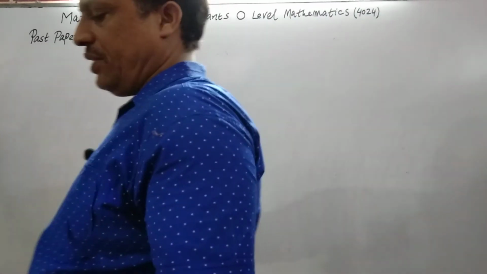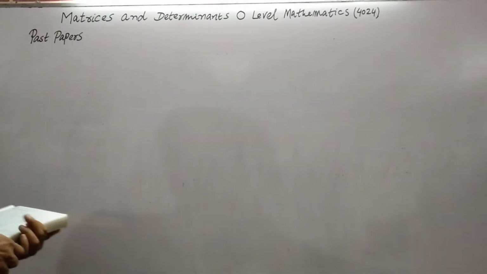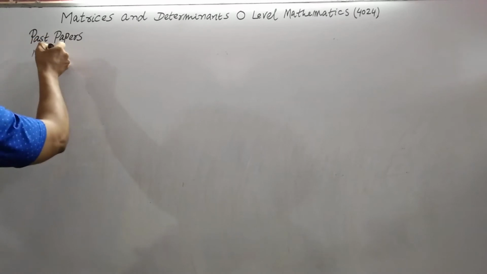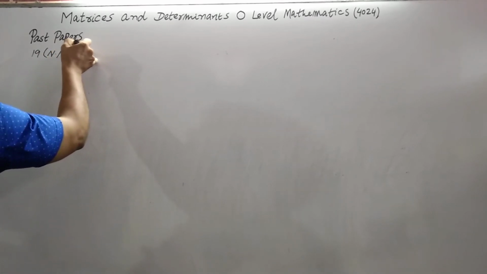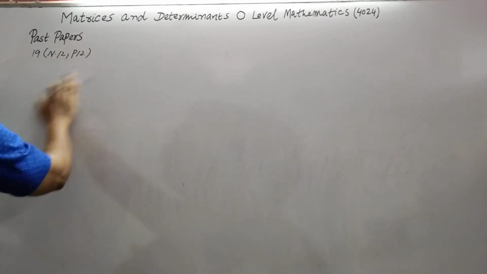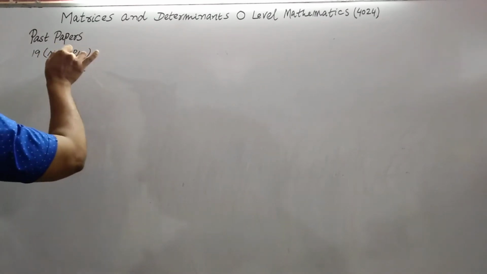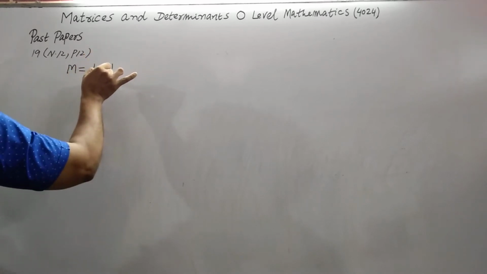The next question is question number 19. Question number 19 came in November 2012, paper 1, variant 2. Given that M equals 1, -1, 1, 3.